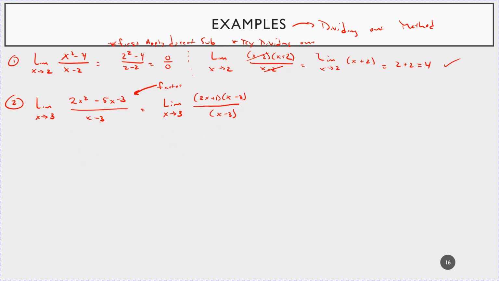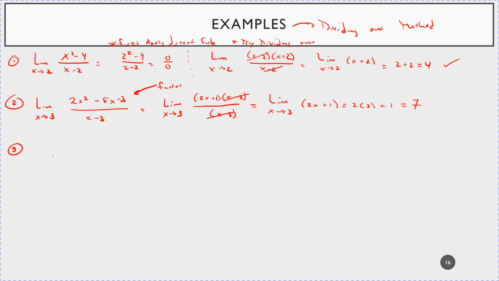A dead giveaway is that when you have x minus 3 in the denominator, it's probably one of the factors in the numerator, which should really help you factor it. These cancel out, and you're left with the limit as x goes to 3 of 2x plus 1, which you can just plug in. 2 times 3 is 6, plus 1 gets you 7. All right, let's try this one.